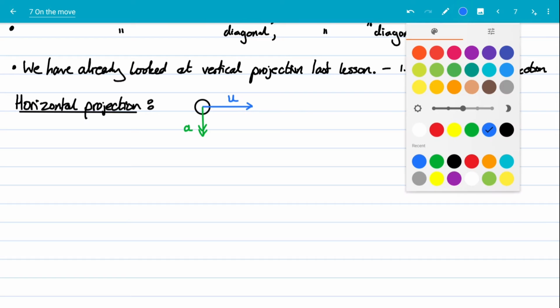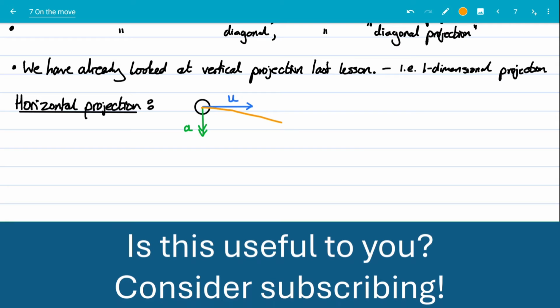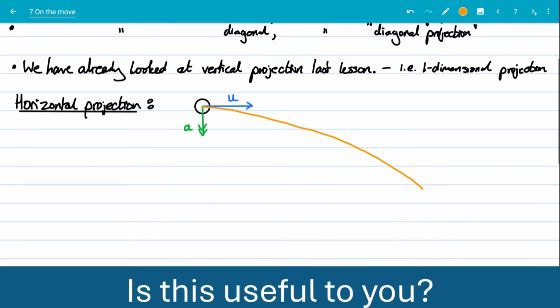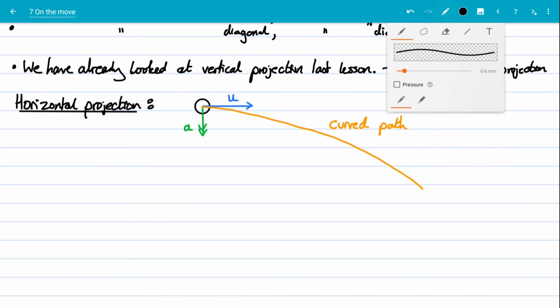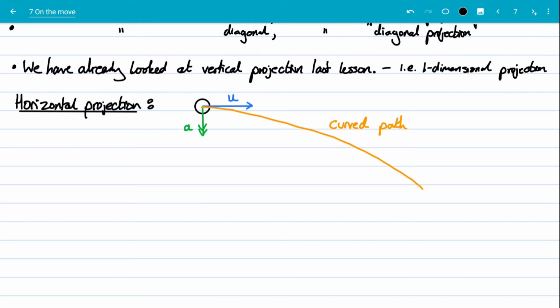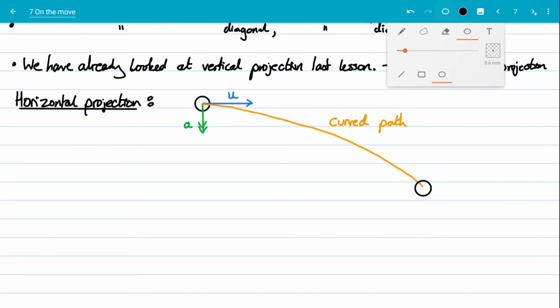So what's going to happen? Well, I'm hoping that we know that the object is going to follow a curved path. And by the time it gets down to some point all the way down here, what's happened to its initial velocity?